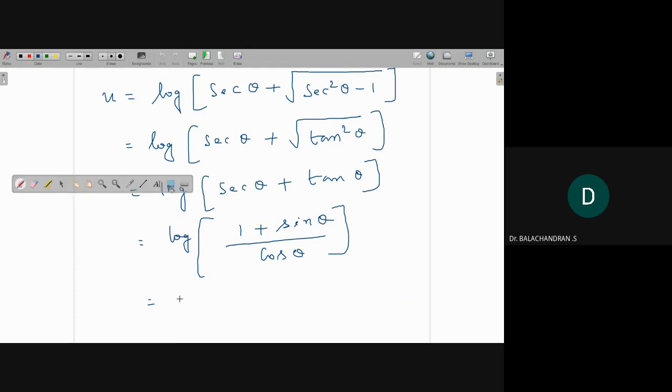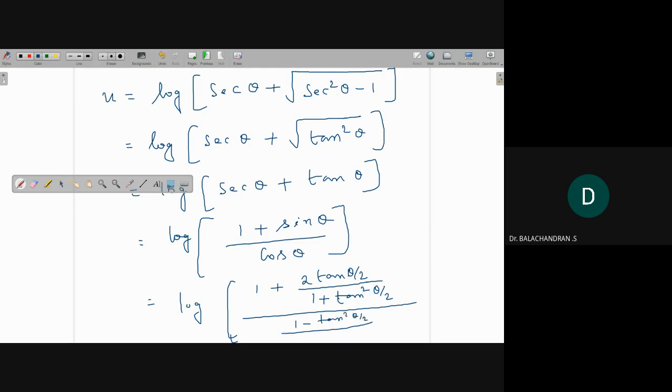So this is equal to log, 1 plus sine theta is what? 2 tan theta by 2 divided by 1 plus tan square theta by 2, divided by cos theta. Cos theta is 1 minus tan square theta by 2 divided by 1 plus tan square theta by 2.